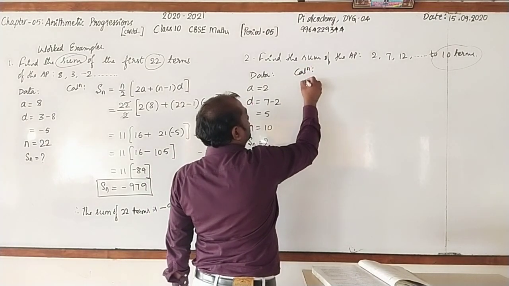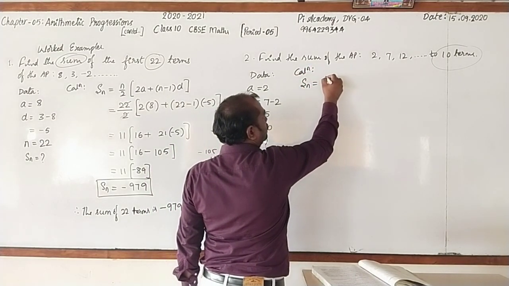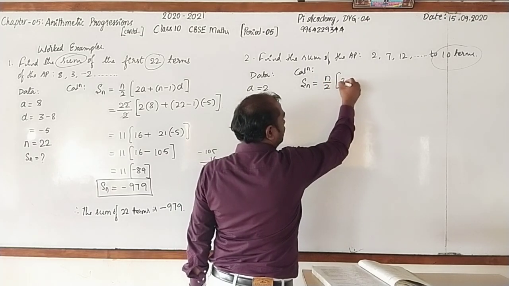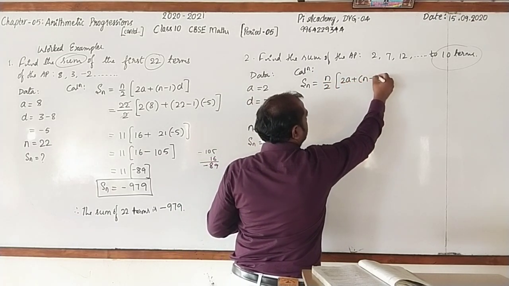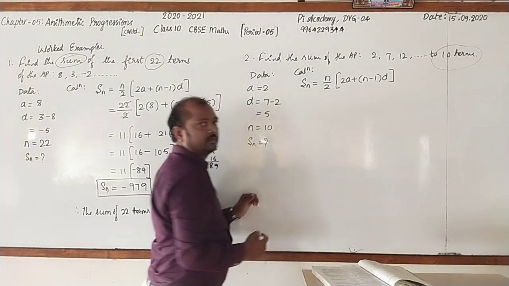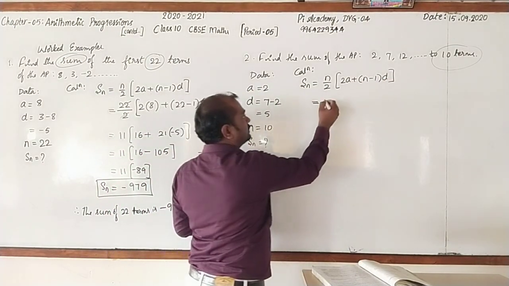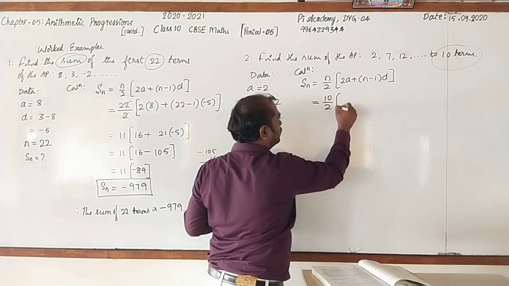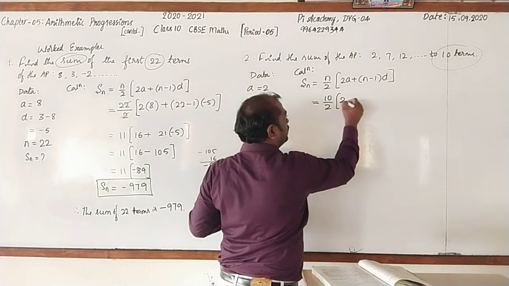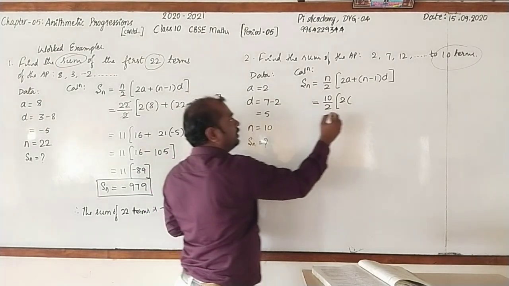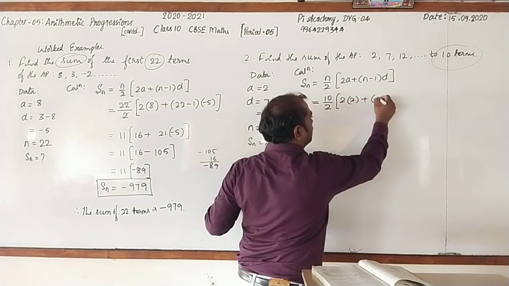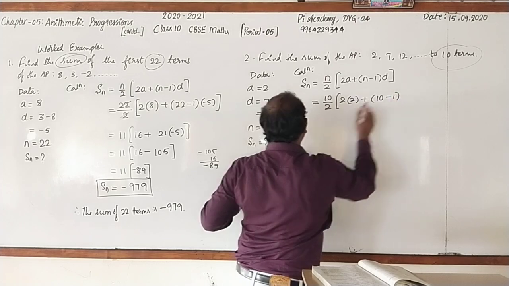Calculation. Formula: Sn is equal to n by 2 into 2a plus (n minus 1) into d. Now substitute. What is n? n is 10. 10 by 2 into 2 into a, a is 2, plus (n is 10 minus 1) into d.